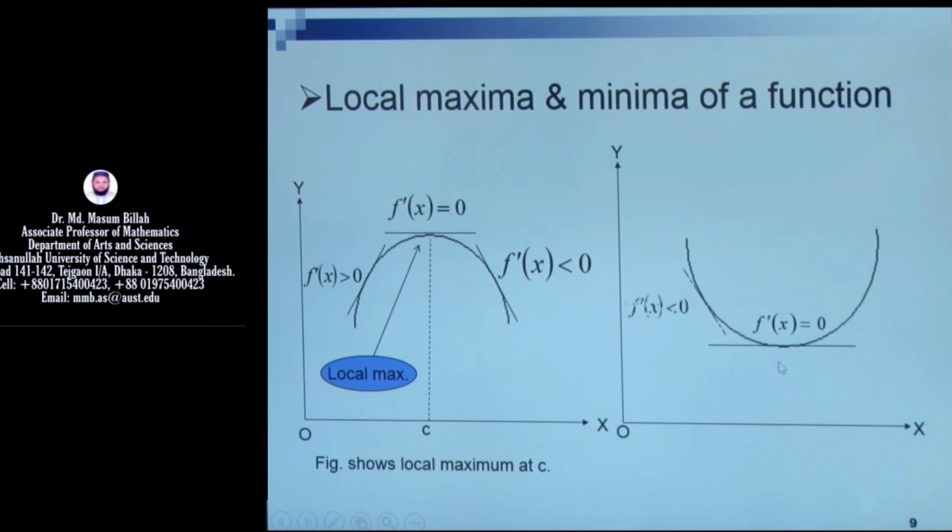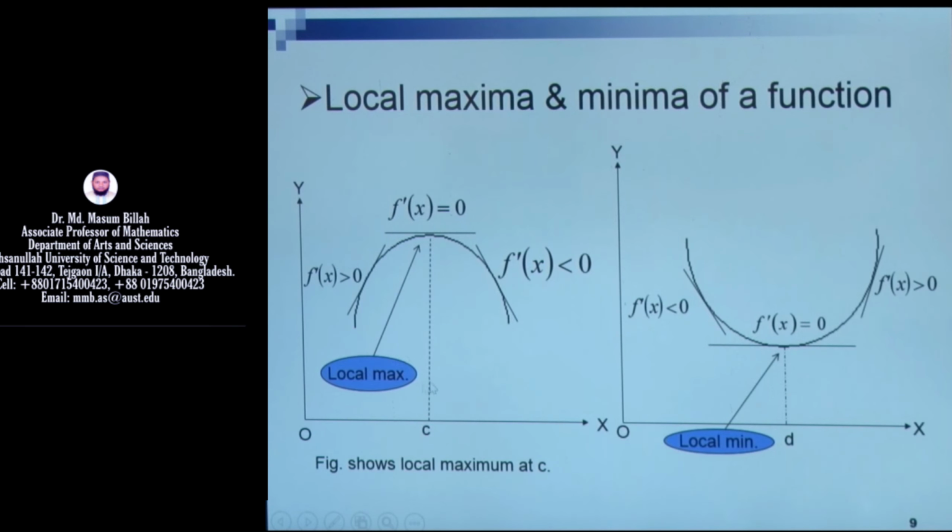And we can check now on the left side of this stationary point, f'(x) is less than 0. And if we draw a tangent on the right side of this stationary point, f'(x) is greater than 0. So we can say this is a local minimum, and the local minimum value will be f(d), because the value of y here is f(d).